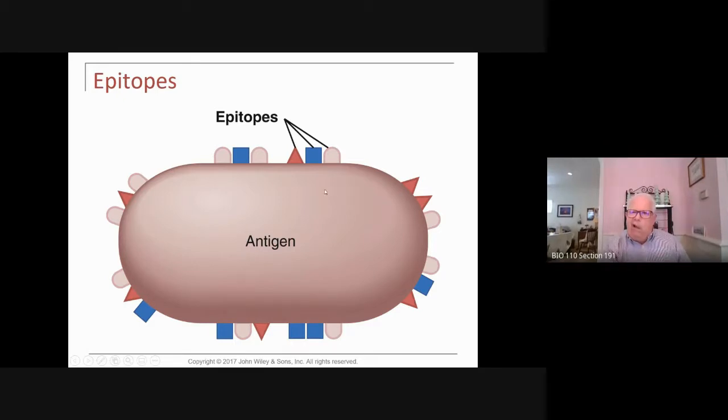But there are parts of this bacteria called epitopes that can also evoke an antibody response. I'm not going to take the thunder away from the lecturer next week who's going to lecture on how vaccines work, because this is how vaccines work.